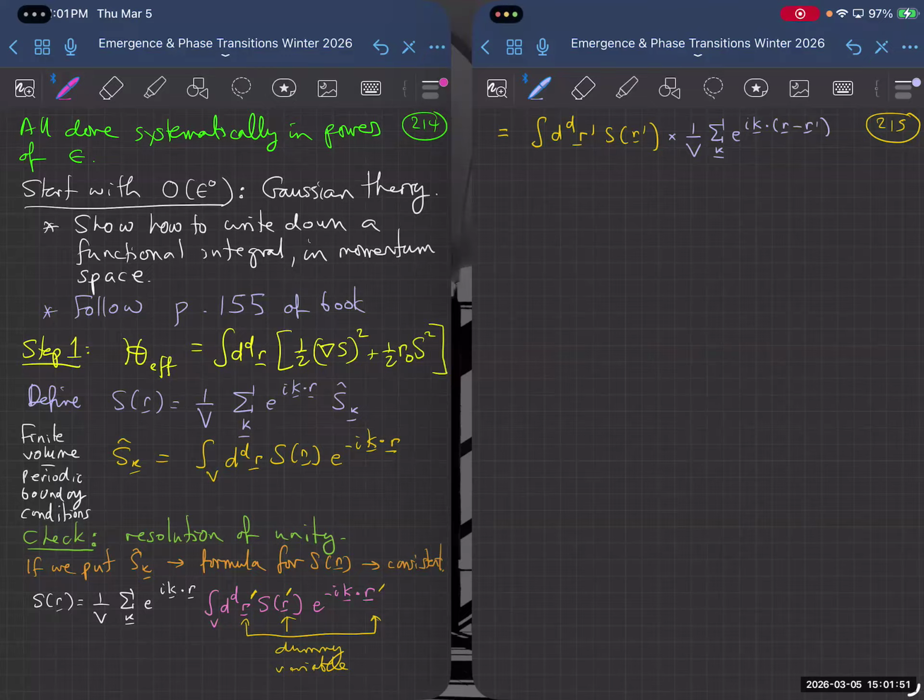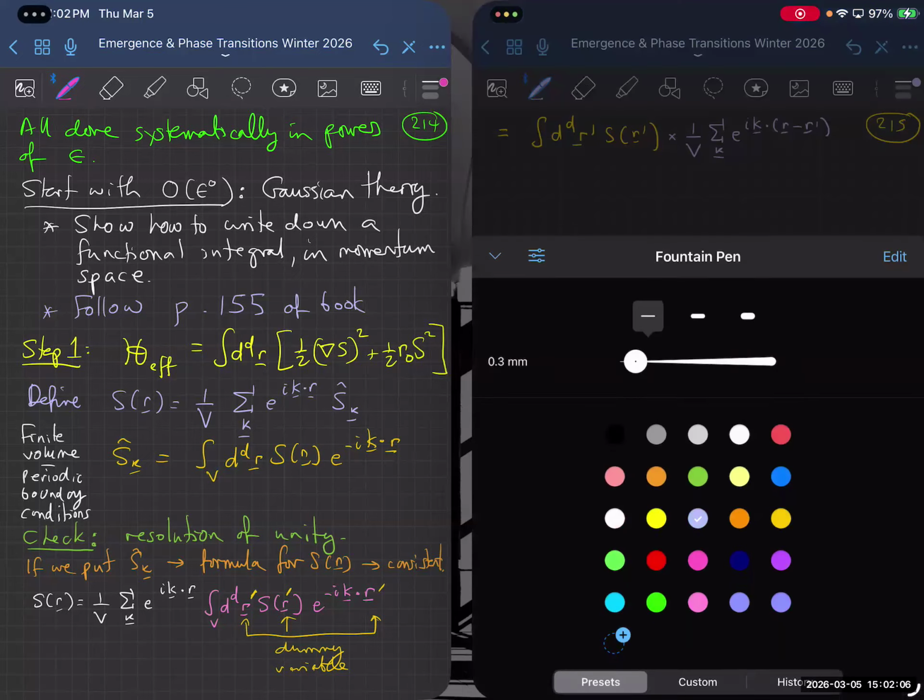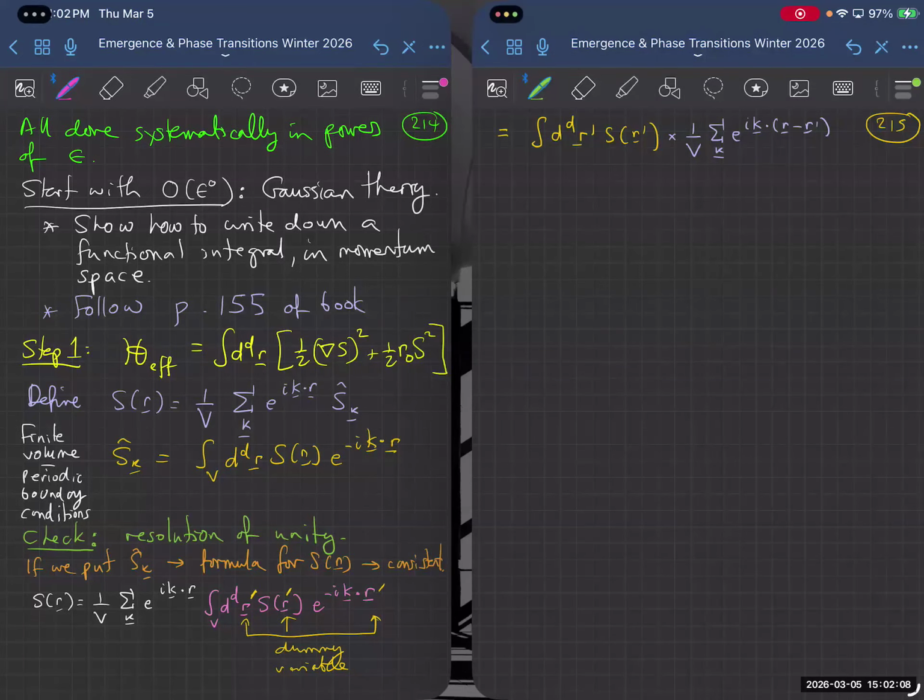I can't take that last r prime with the other r primes because it involves k, and I have to do the sum over k. Now we know that the left-hand side has to be S of R. So let me squeeze in an S of R in here. I know it's terrible. Hang on, let me just do this. Okay.